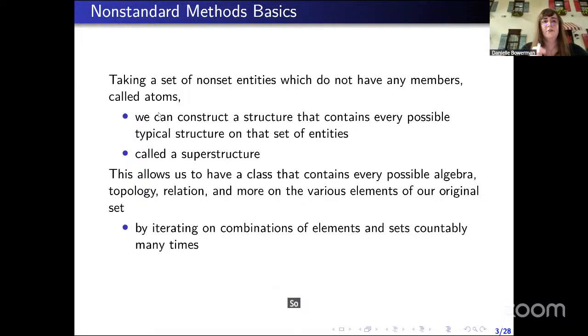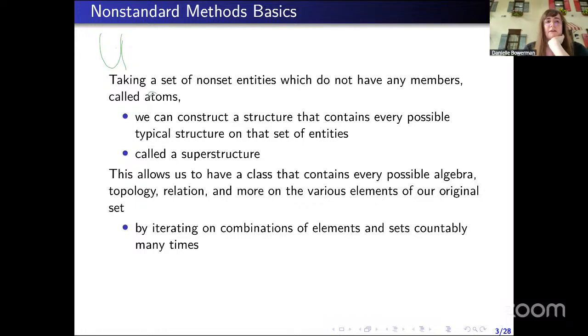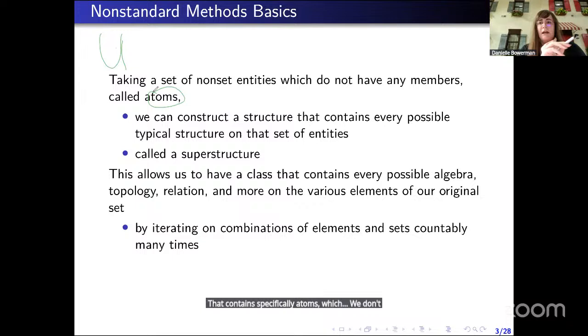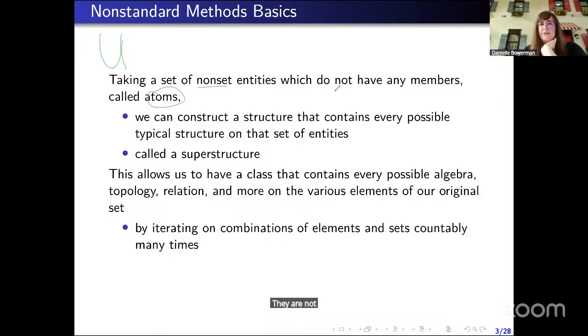So first, we take a set, often denoted as U, sometimes with a tail. I tend to not tail my U's, that contains specifically atoms, which we don't want to have any structure whatsoever. They are not sets.